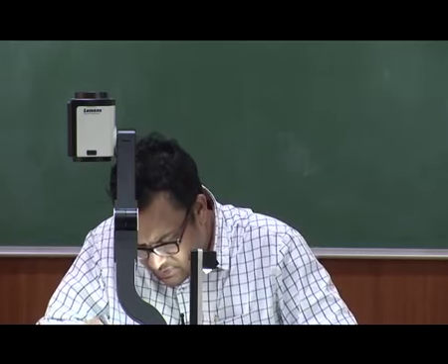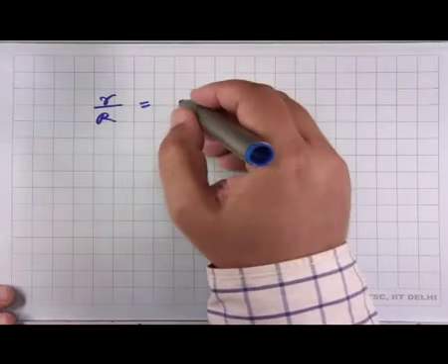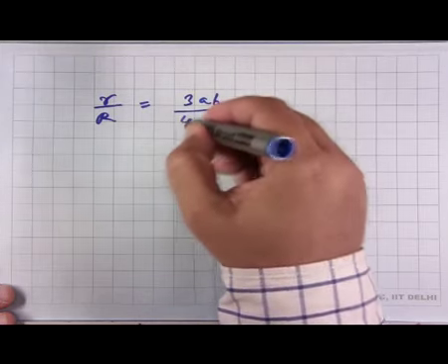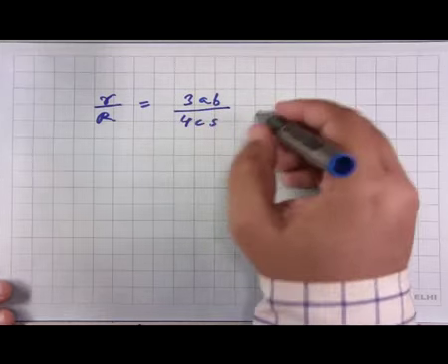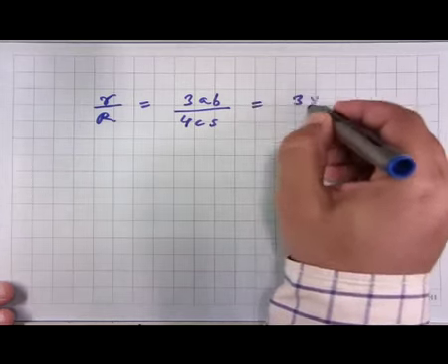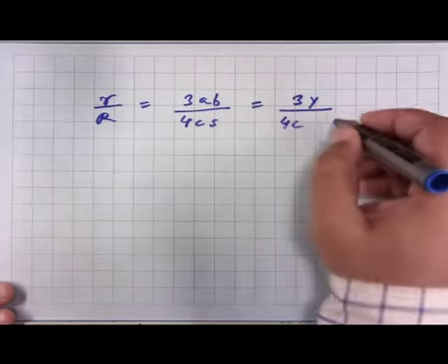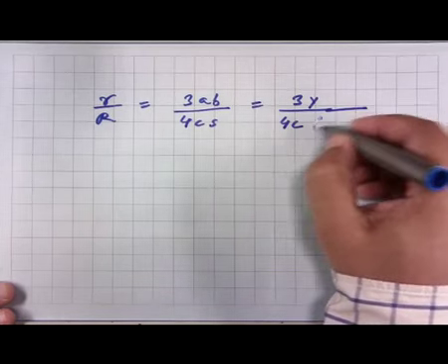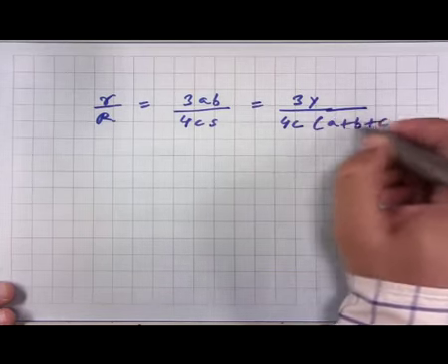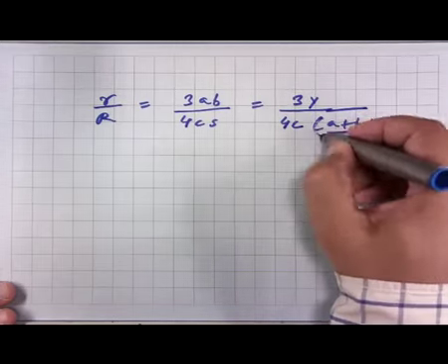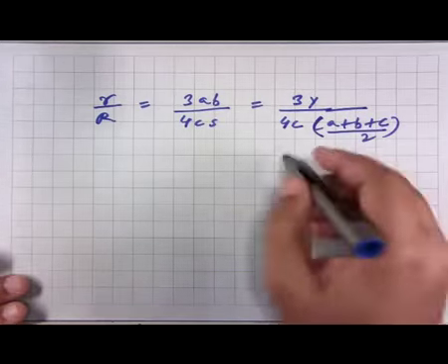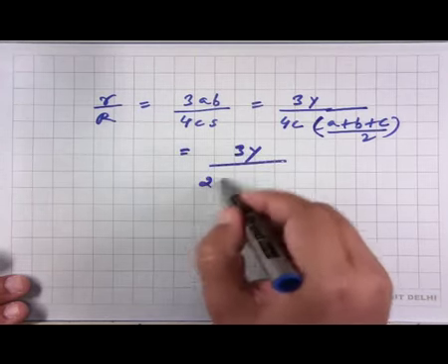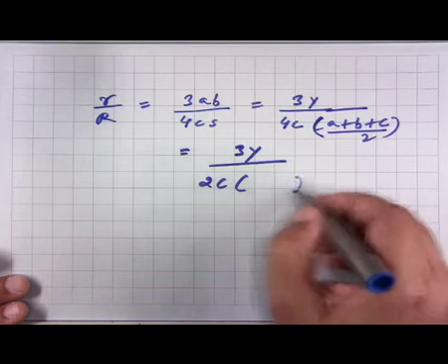Taking it to the next slide, we had r by R equal to 3 times AB divided by 4 times C times S, which is 3y upon 4c into S. Now S is nothing but A plus B plus C over 2, because it is the semi perimeter, and therefore this is also equal to 3y upon 2c into (A plus B plus C).